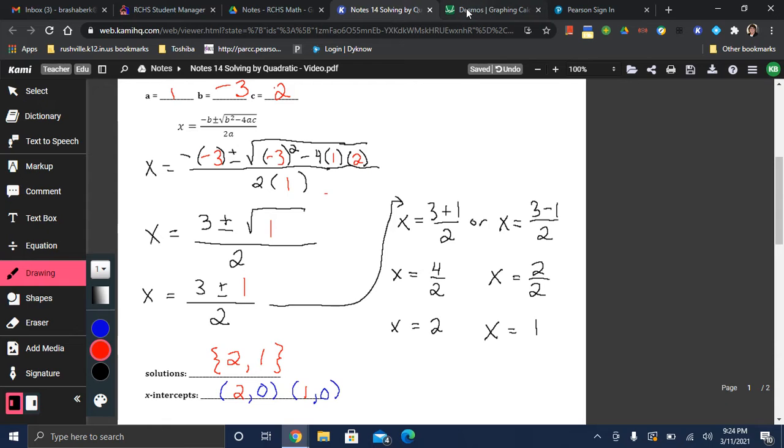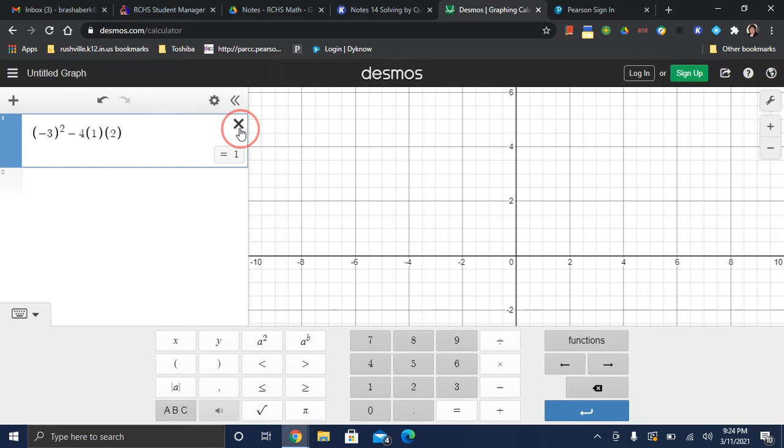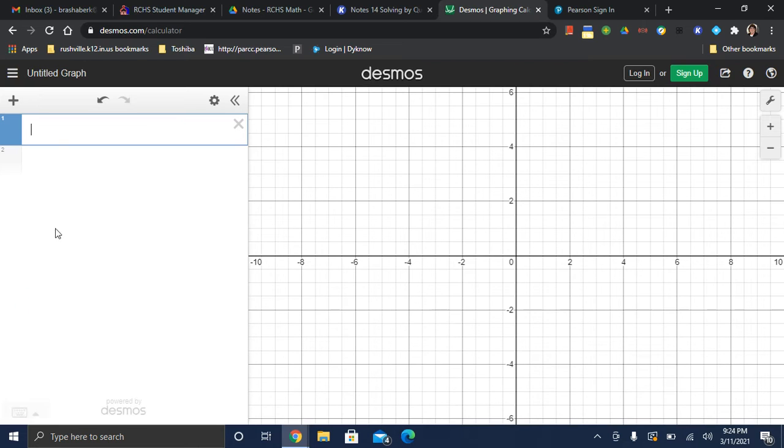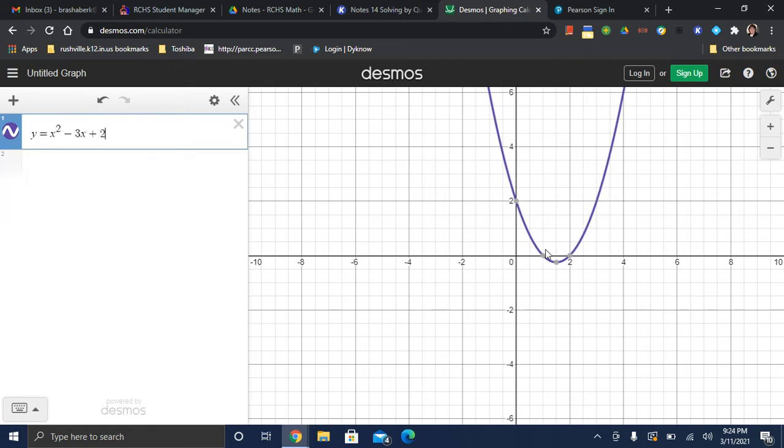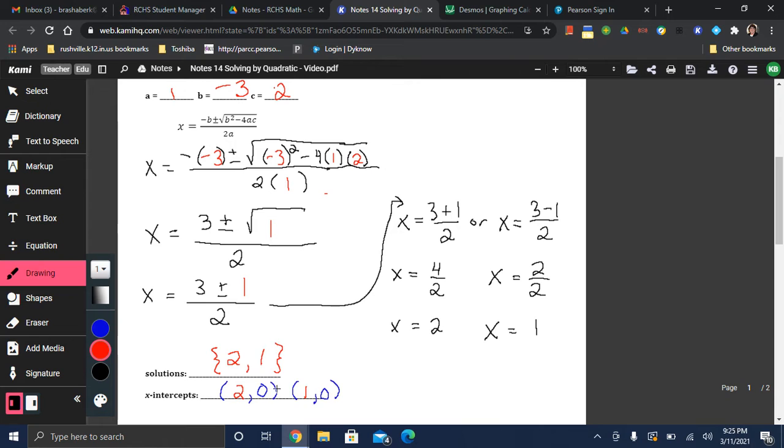I might just show you that graph really quickly. You don't have to graph these, but just so you can tie this in, y equals x to the second minus 3x plus 2. Notice that the two x-intercepts, (1, 0) and (2, 0), are just like we found here. So your solutions are 2 and 1.